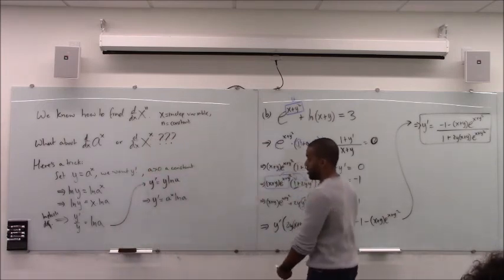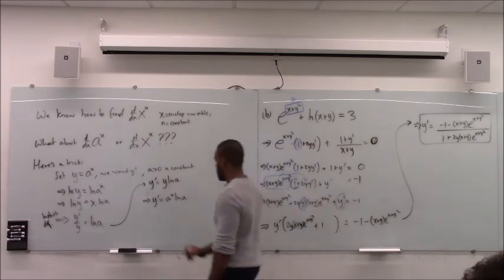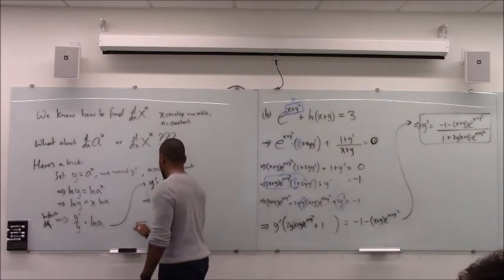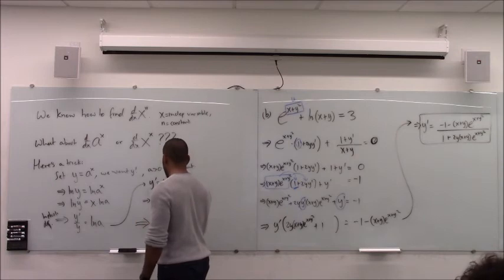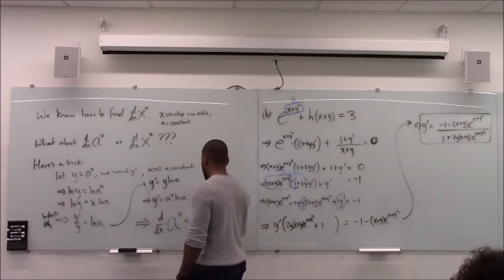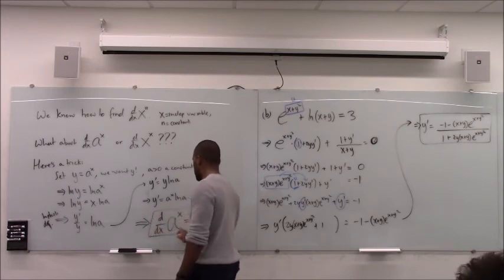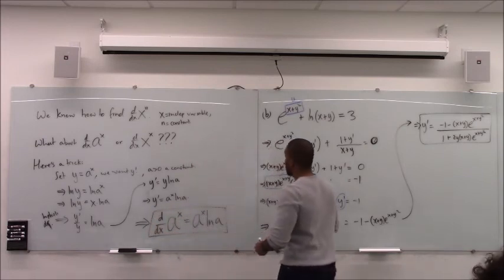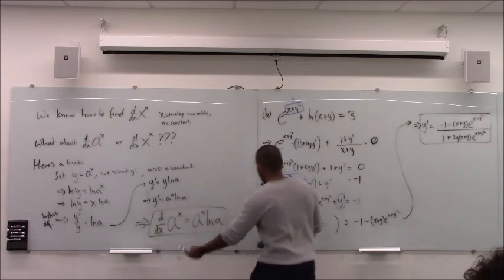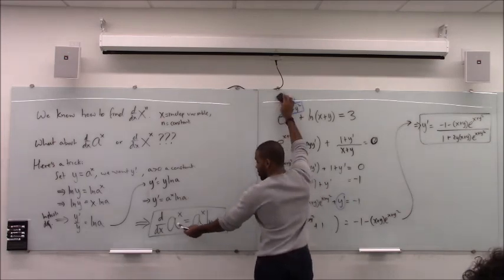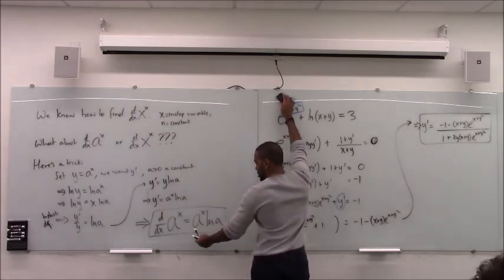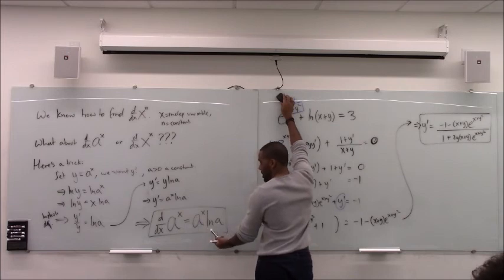So that is another rule. This leads to this new definition here. The derivative of a to the x is a to the x ln a. Now, one thing you can notice is that if a is equal to e, it just becomes e to the x ln of e, and ln of e is 1.